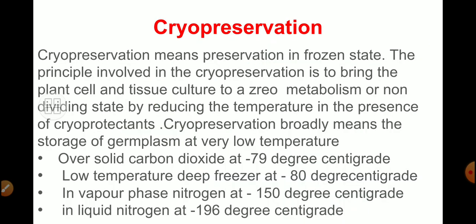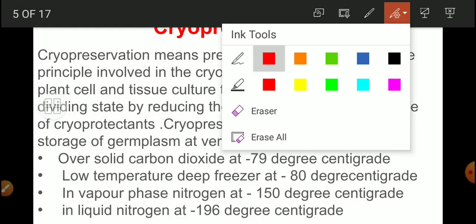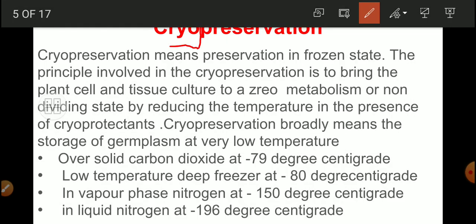Now, cryopreservation is a very important methodology. Cryo means very cold. It is preservation at a very cold temperature, minus 196 degrees centigrade. We have to preserve the germplasm at minus 196 degrees centigrade.